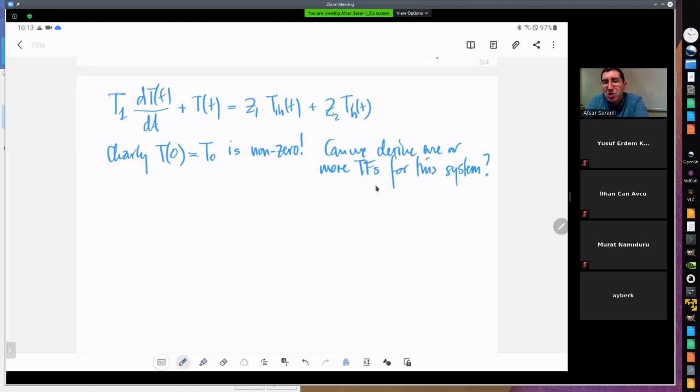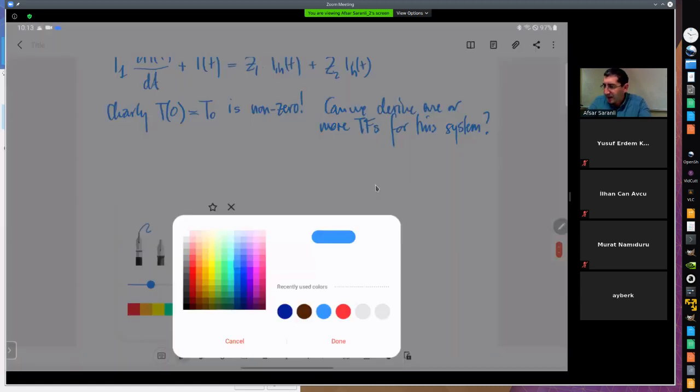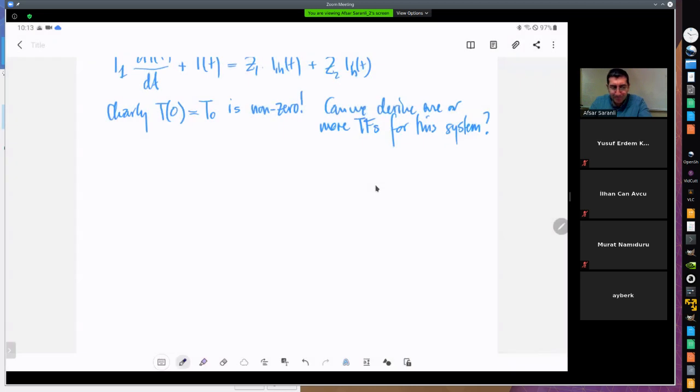Because the system is linear, superposition will allow us to combine those transfer functions and the associated outputs in order to obtain the final output of the system. Okay, so I'm going to try to do that now. So the first thing is to define a steady state.